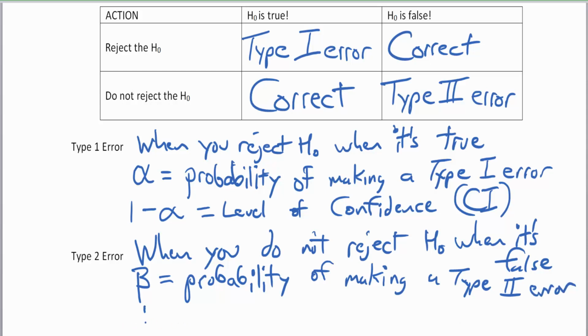Now, if you go 1 minus beta instead of 1 minus alpha, this gives you the power of the test. And of course, the bigger the number that this is, the better the test it is. And this is more for informational purposes only. We won't be using this for the work that we're going to be doing, since we're going to be testing for type 1 errors. We're going to be testing to see what is our chance of rejecting the null hypothesis when it's true.